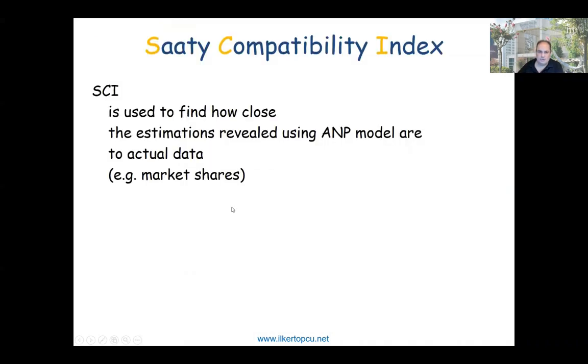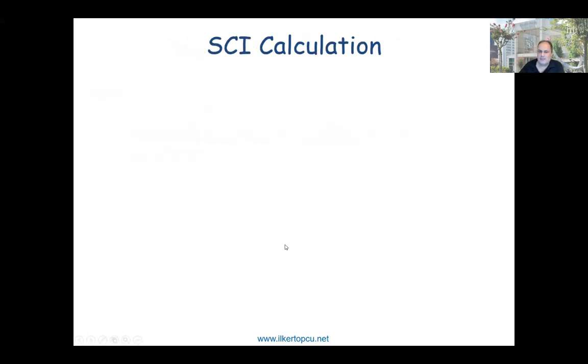And the last issue is the Saaty compatibility index. It shows us how close our estimations revealed from the ANP model, the cluster values, are to actual data, for instance, market shares. There are lots of different examples in the ANP book you can see.